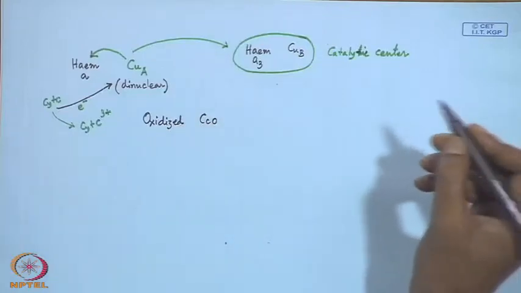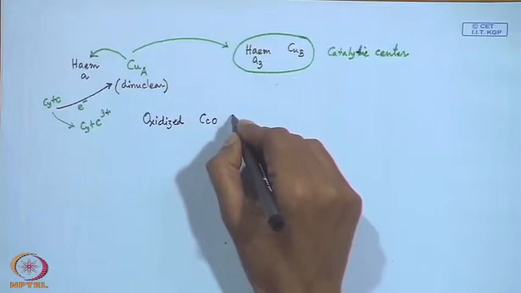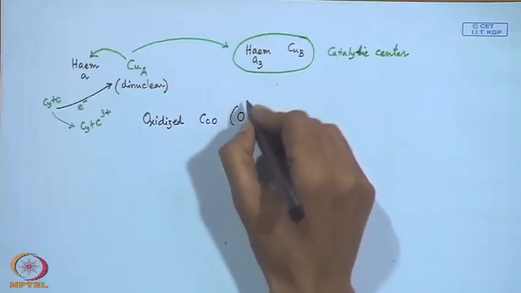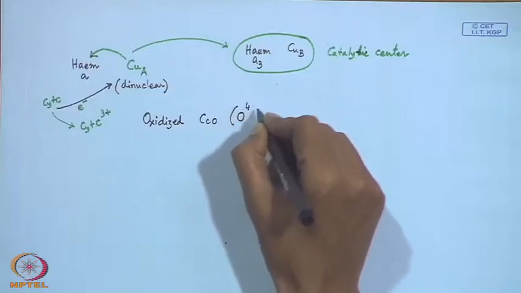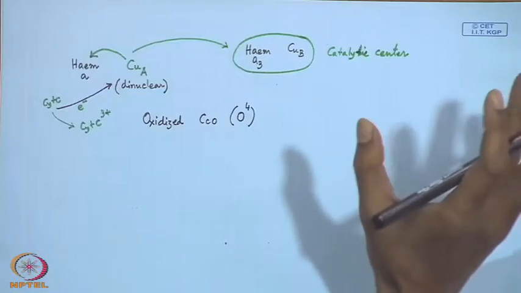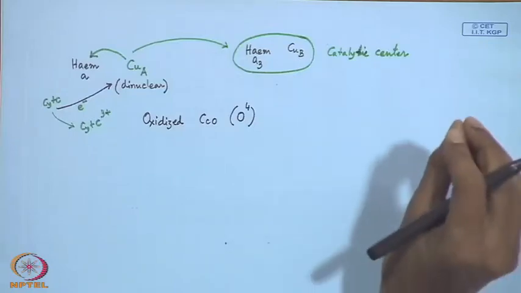That means it is fully oxidized, and this fully oxidized form is sometimes designated as O4, because these are some states basically, because biologists sometimes do not bother about the iron site and iron oxidation state, but they can identify the corresponding species in terms of its EPR activity, its electronic spectral activity or any other physical activity.